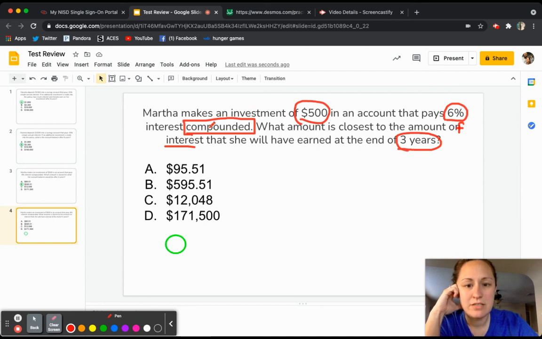So again, we're still using the same formula. I'm going to go ahead and write all that out. Let's get all of our information put together. Our A, our final account balance, was equal to P, open parenthesis, 1 plus R for our interest rate, with T as our exponent.